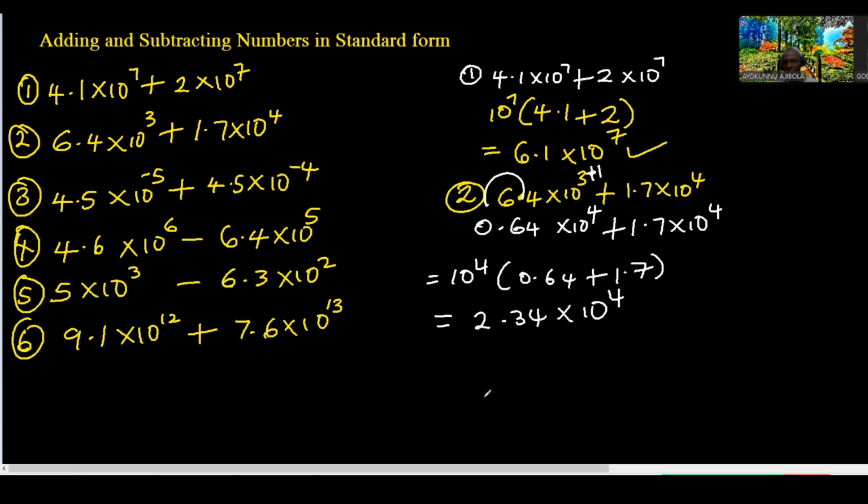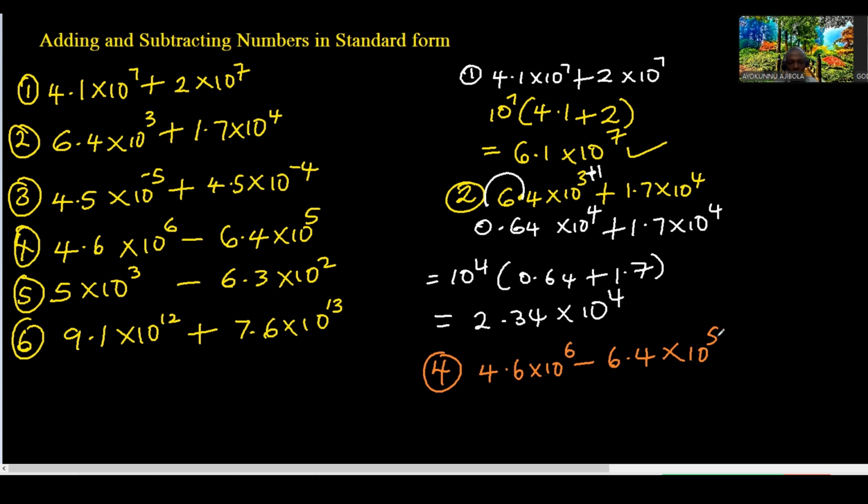Then the third one that I'm going to look at before I give you the remaining to do as an assignment is going to be number 4. So I'll jump to number 4 now. I'll say 4.6 times 10 raised to power 6 minus 6.4 times 10 raised to power 5. Again, this happens to have a bigger power, so I will keep them at power 6.